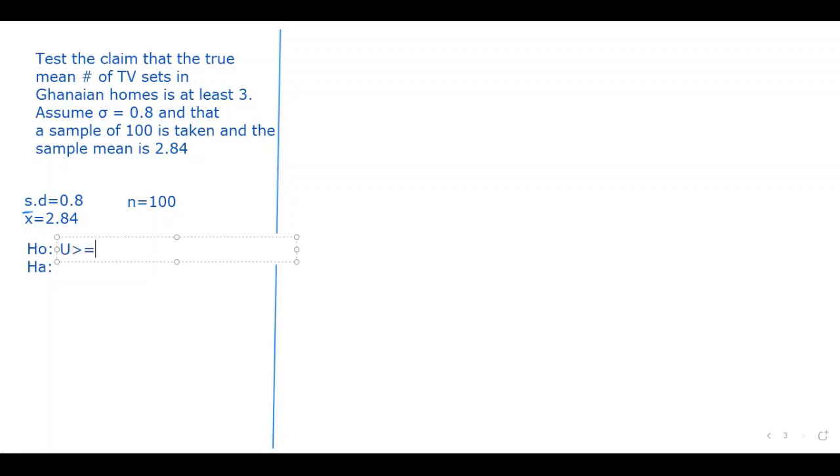Then the HA will always challenge the null. So if this one is greater than or equal to 3, then HA is mu less than 3.